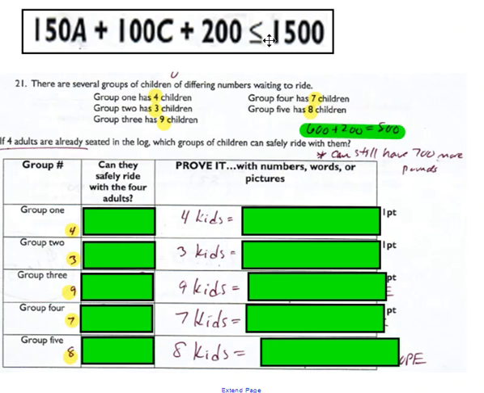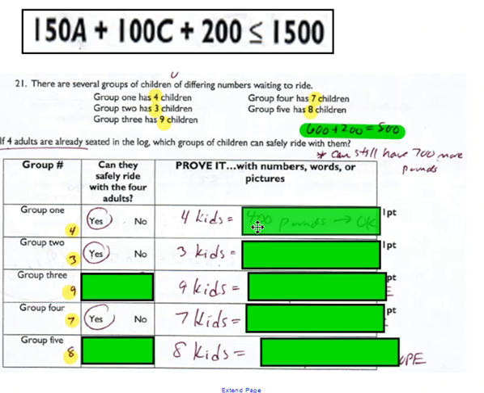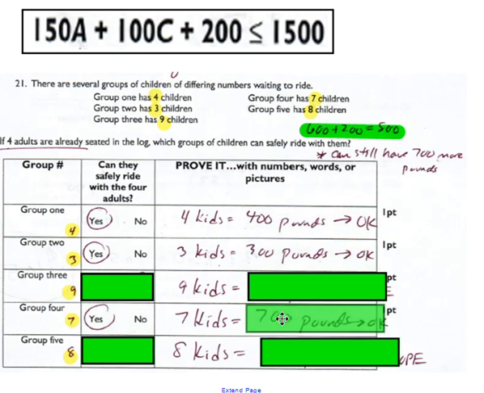And if it needs to be less than or equal to 1,500, that means that they still have room for 700 more pounds. Okay, that's what I kind of showed up here. They still have room for 700 more pounds, which according to their formula, that would be a maximum of 7 kids. Okay, so if I go down here and look at these number of kids, I put them here as well for each group, that means the ones that had up to 7 people were okay. Okay, those were legitimate groupings that could be allowed.